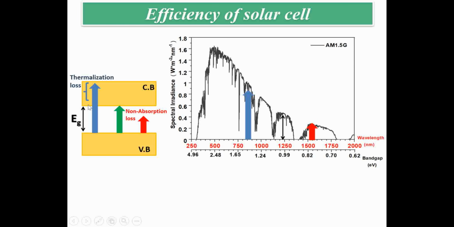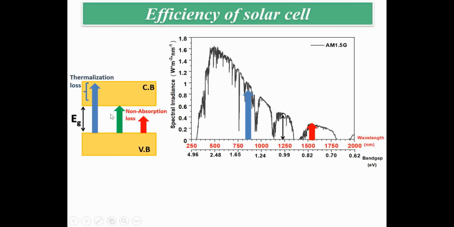It is like relaxing: it transfers its energy to the lattice and the whole material gets heated up. The lattice temperature increases, but that is not converted into an electron hole pair, so it is basically wasted. So now we have seen two losses: the thermalization loss and the non-absorption loss.